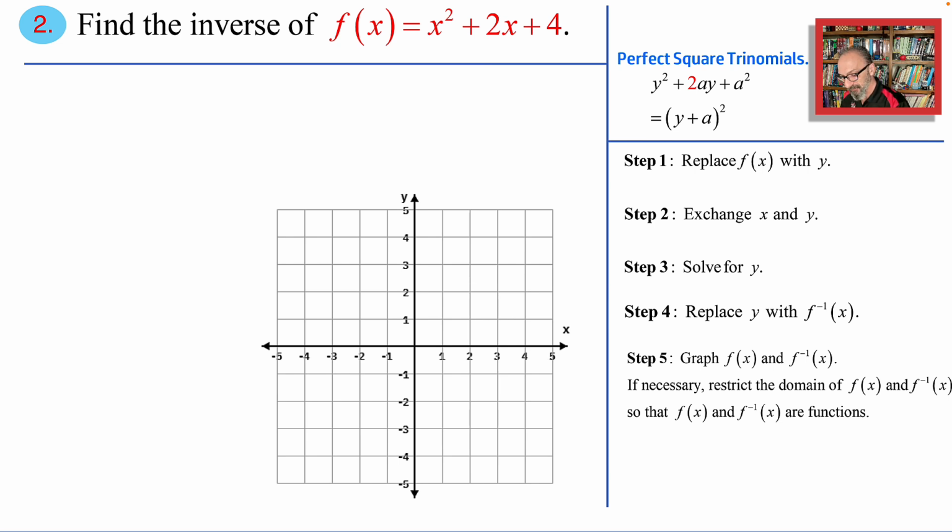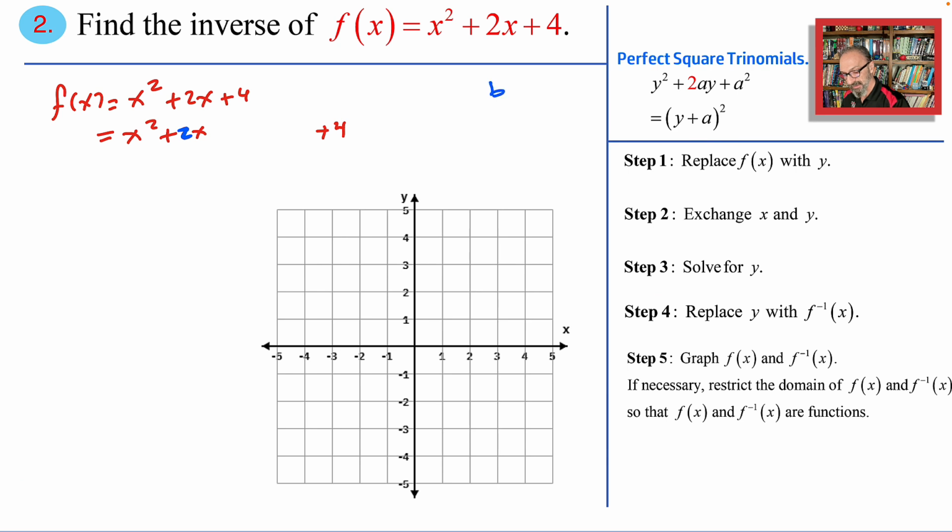So, our original function is f of x equals x squared plus 2x plus 4. If you complete the square, I push the 4 to the side. This is my b, which is 2.